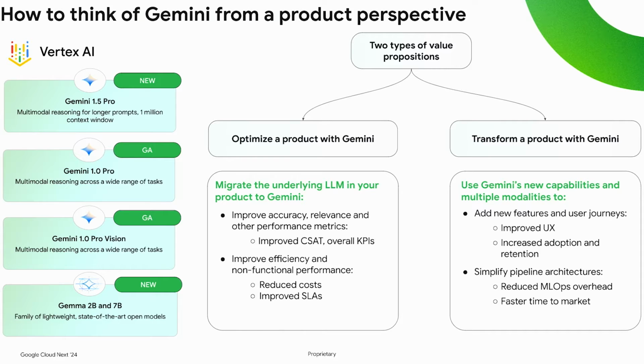At a high level, are you going to use Gemini to improve or optimize an existing solution? Or are you going to use Gemini to completely transform a solution? What do I mean by that? For example, one of the solutions our team built, myself and Raj and other teammates, was a product cataloging solution.